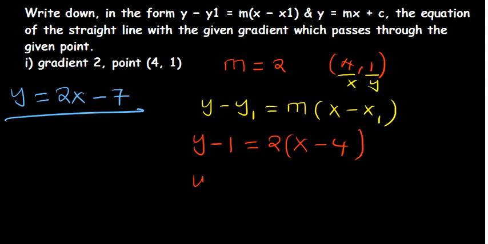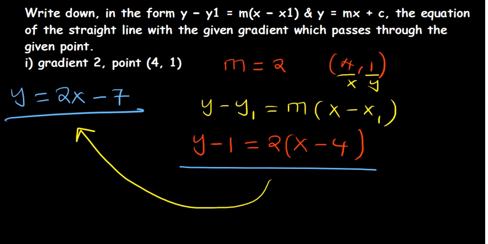So y minus 1 is equal to 2 times x minus 4. By the way, this is the form they wanted, and so your answer is fine over there. You are done. Now I just want to show you that it can basically reduce to that form.